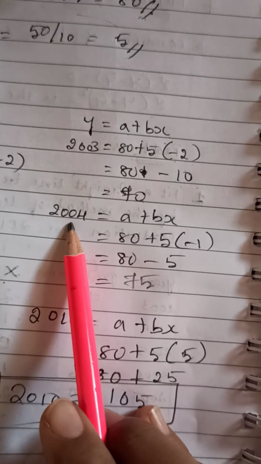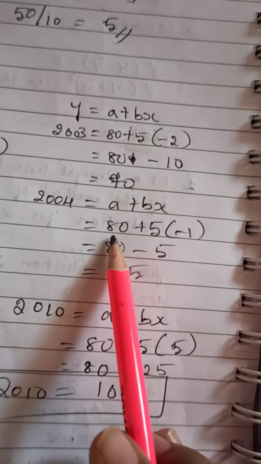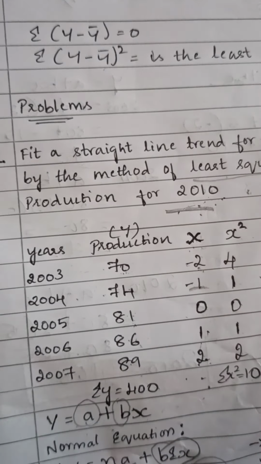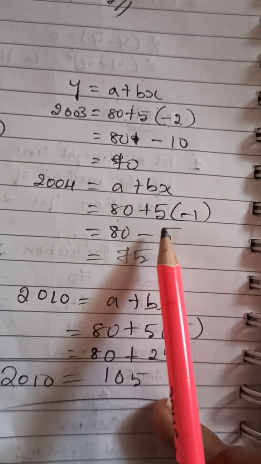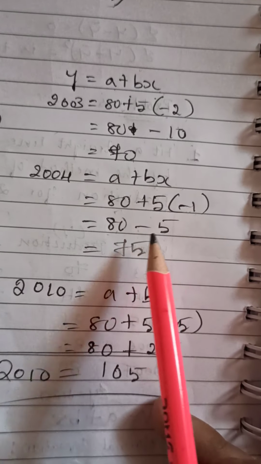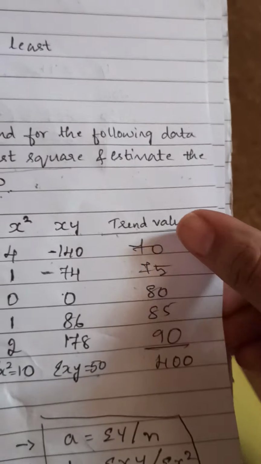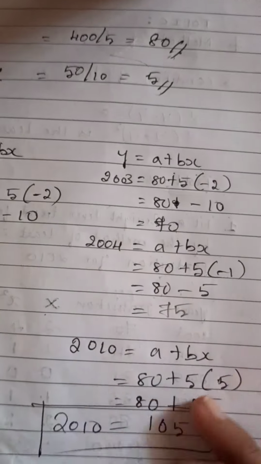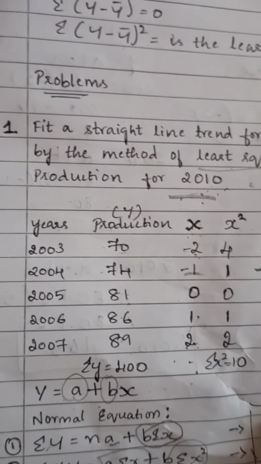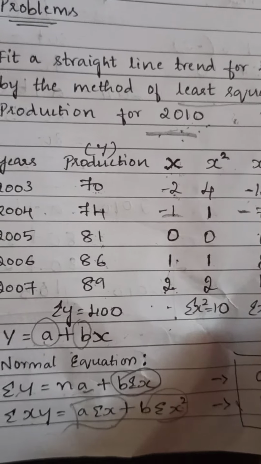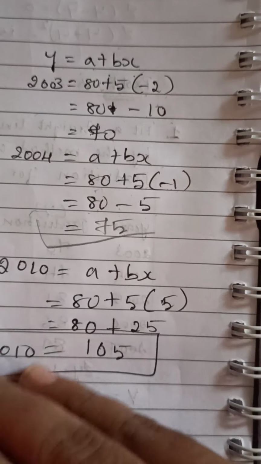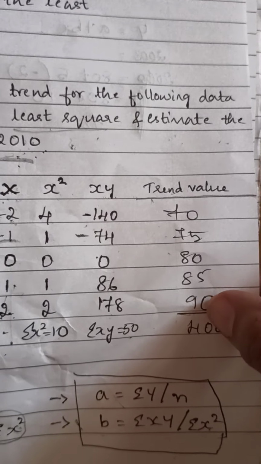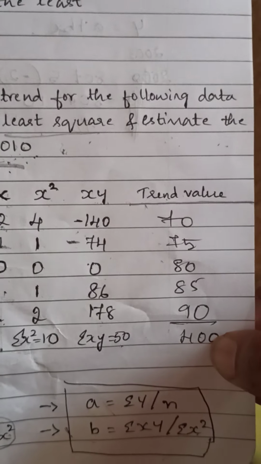Then for 2004, a is 80, b is 5, and x is minus 1, so 80 minus 5 is 75. Then for 2005, 2006, 2007 you substitute as done here, for all the years. So you will get the values 80, 85, 90, and the total trend value will be 400.